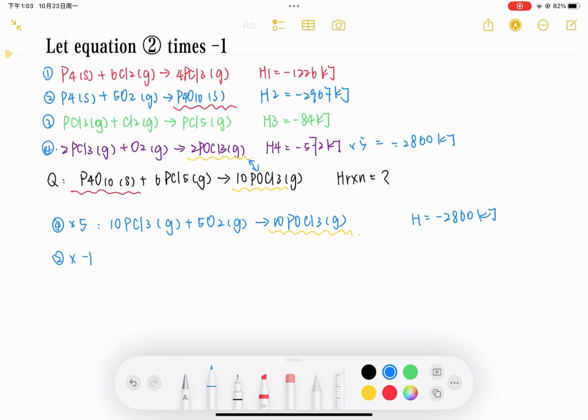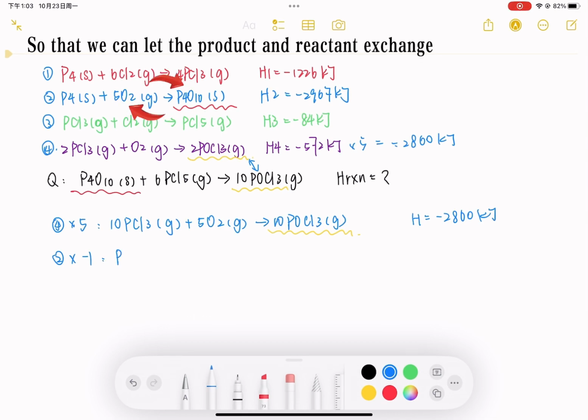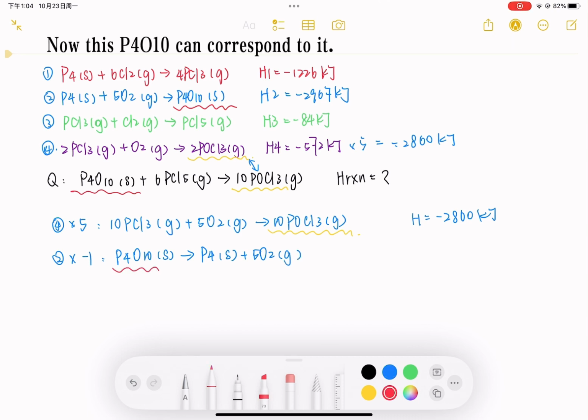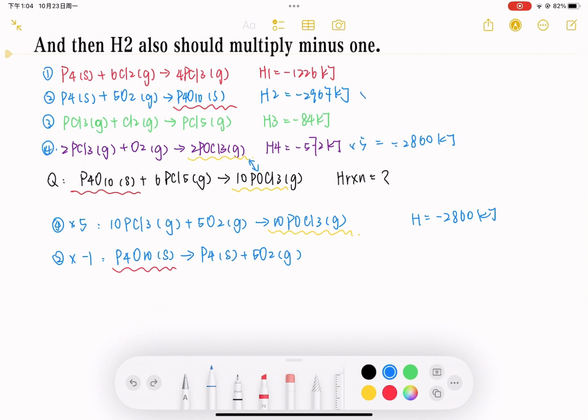Multiply equation 2 by -1, so that the product and reactant exchange. Now this P4O10 can correspond to it. And then delta H2 also should be multiplied by -1.